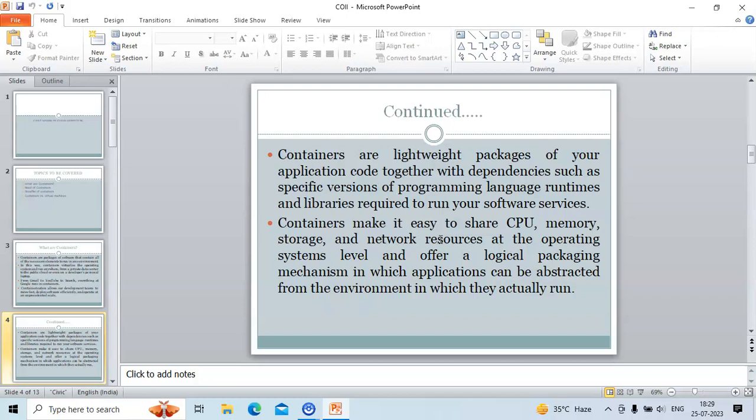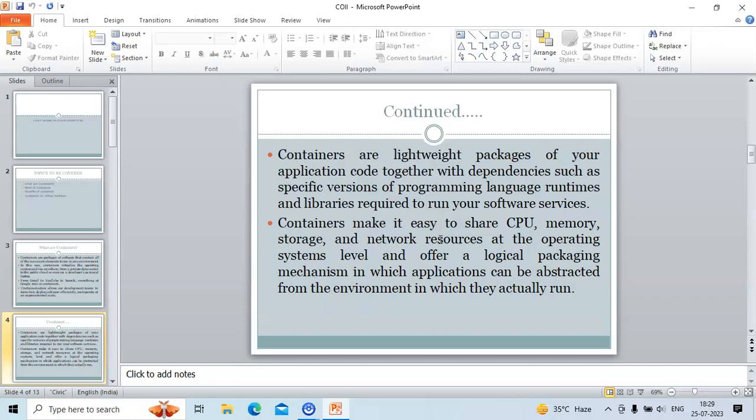One of the best examples to better understand containers is how shipping industries use physical containers. This example will help you to understand why we are using containers and what is the benefit of containers. Shipping industries use physical containers to isolate different cargoes, for example, to transport in ships and trains.